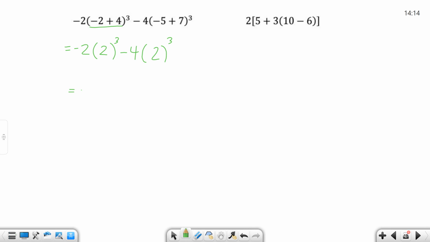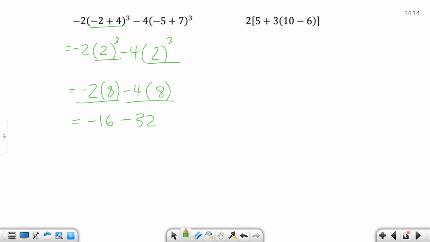So this is going to be -2 times, and then we'll do the exponents. 2 cubed and 2 cubed is 8, minus 4 times 8. Now what do I do? I multiply, right? -2 times 8 and -4 times 8. So -2 times 8 is -16. -4 times 8 is -32.